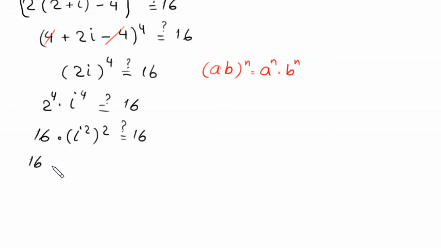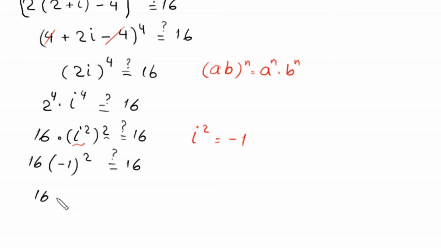Next, 16 times this i squared is equal to negative 1. So we replace this i squared with (negative 1) whole to the power 2. Is it equal to 16?